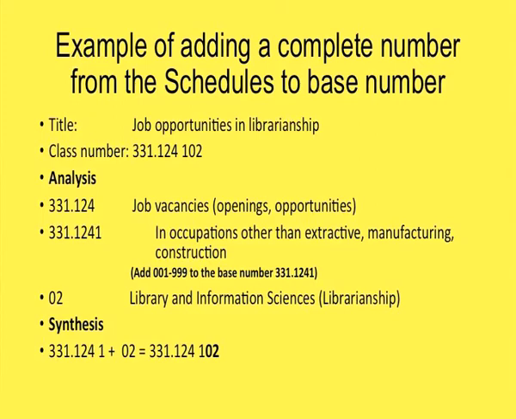This complete number 02 has to be attached or added to the base number, and we synthesize the number for the title job opportunities in librarianship. 331.1241 is the base number, then we add 02, and the complete number of this title is 331.124102. 02 is attached to this basic subject number.